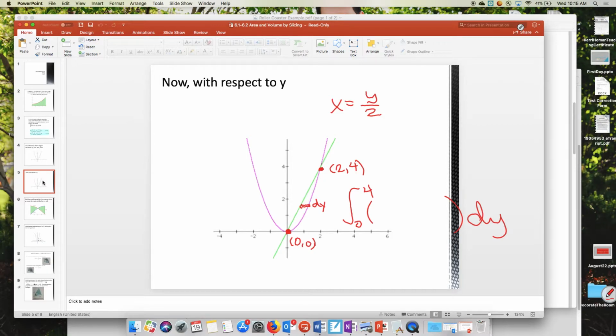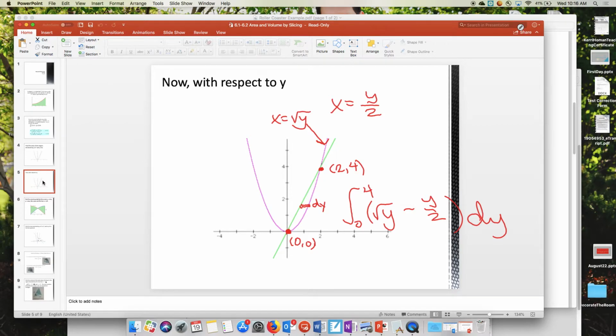And instead of y equals x squared, at least this half of our parabola is x equals the positive square root of y. This half over here would be x equals the negative square root of y. Okay? So right minus left, we're going to have the square root of y minus 1/2 y. Here again, you can take the antiderivative and plug in your values to find the area. What should the answer be? Same. The same, because we did the same.